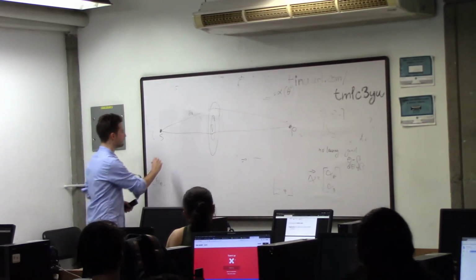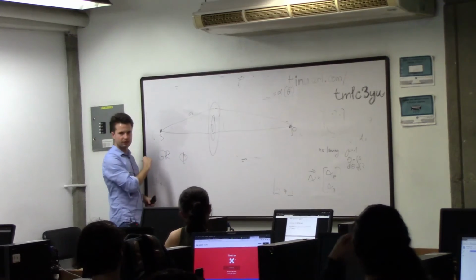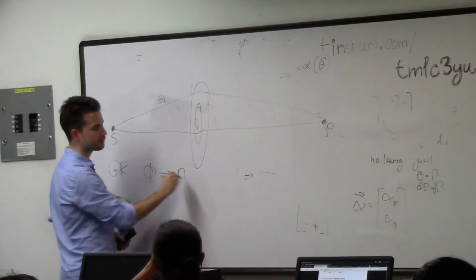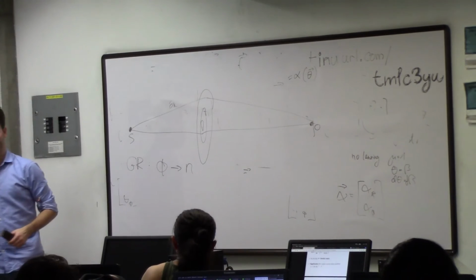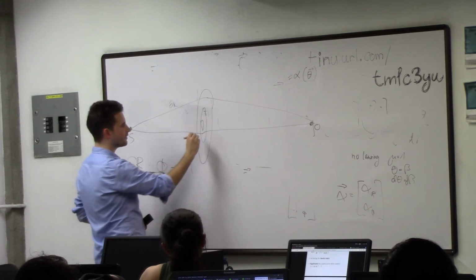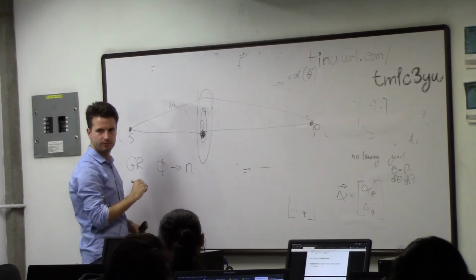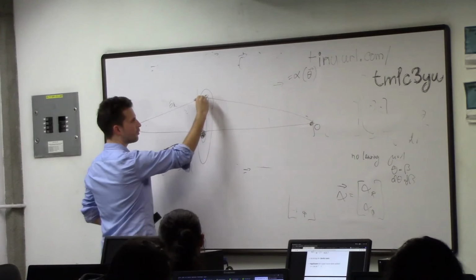Yesterday at the very beginning we said that general relativity relates your gravitational potential to some effective optical index. So what happens is that the optical index that is seen by the light down here will be different than the one over here.